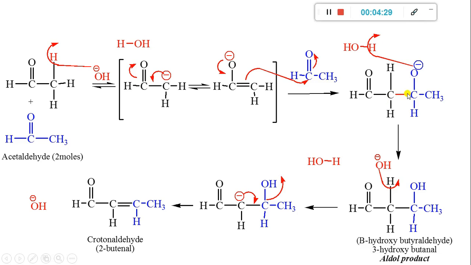This is the new bond, and the negative charge on oxygen will abstract the acidic hydrogen from H2O to produce a beta hydroxy aldehyde as an intermediate.